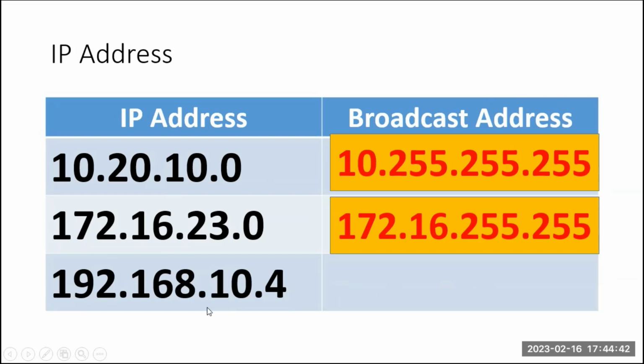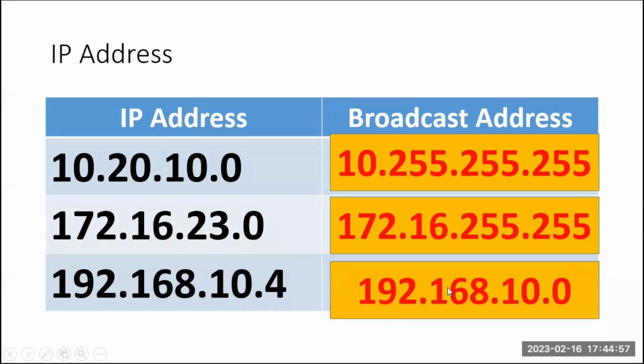And again, for class C, the network being defined in the first three octets, we write down the first three octets for the broadcast and change the last one to 255. Okay, so that's an error. I need to correct that.